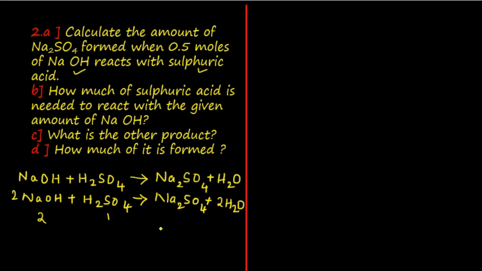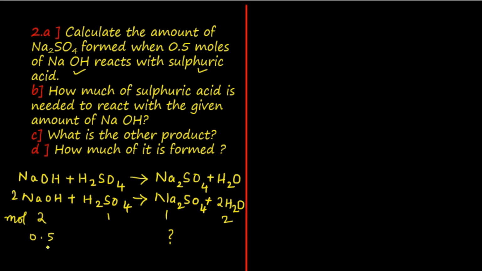What does the equation tell you? 2 moles of sodium hydroxide react with 1 mole of sulfuric acid to give 1 mole of sodium sulfate and 2 moles of water. In the problem it is given, instead of 2 moles of sodium hydroxide, only 0.5 mole of sodium hydroxide is reacting. For 2 moles, 1 mole of sodium sulfate is formed.